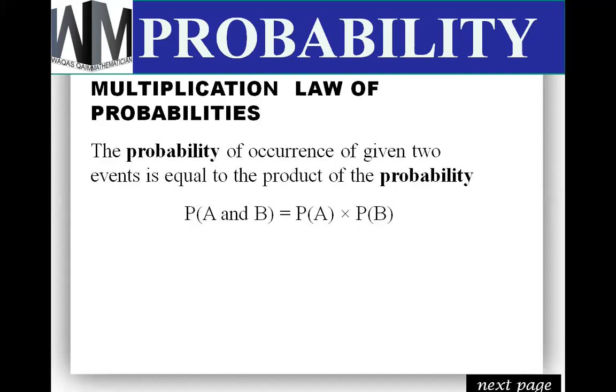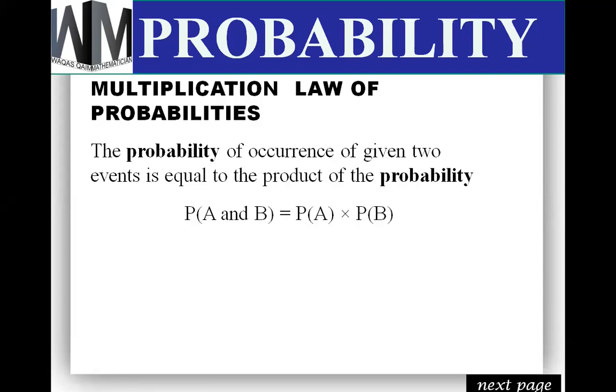The difference between or and and is that in or, only one event must happen, and the second should not. But in and, both events should happen.